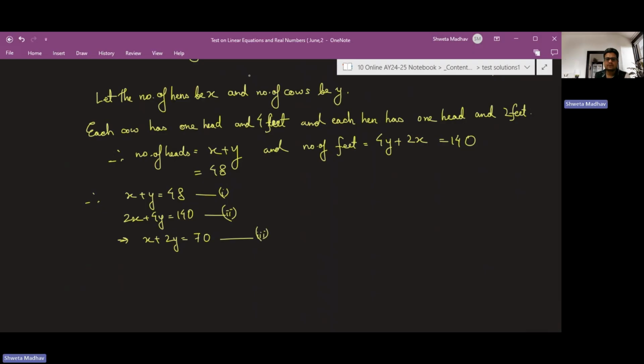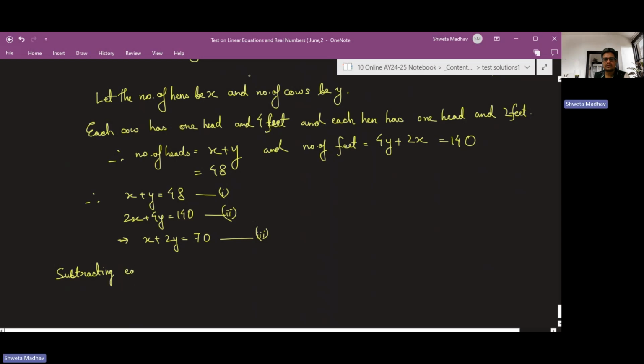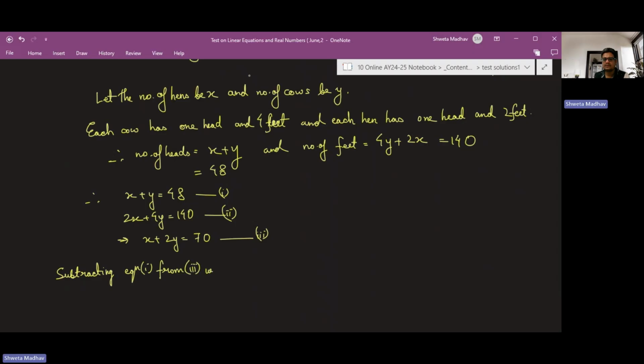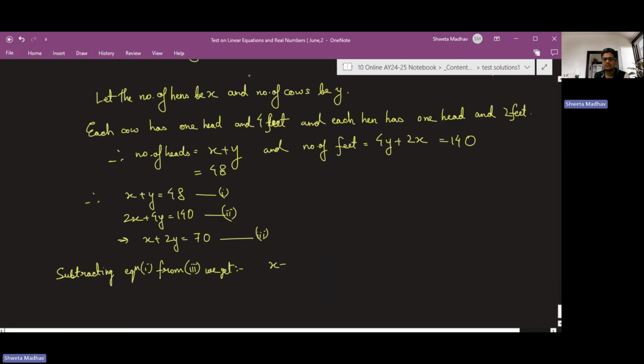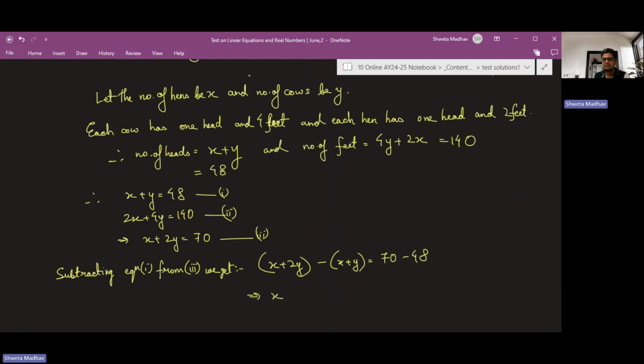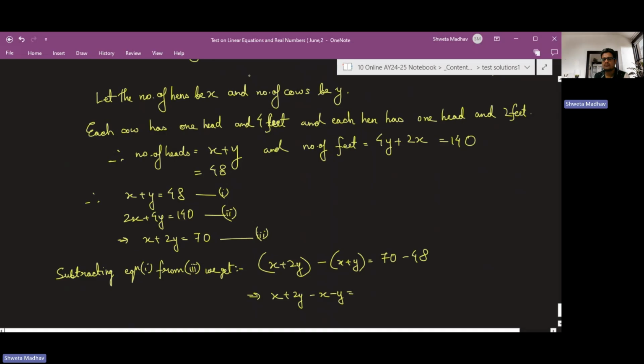Now subtracting equation 1 from equation 3, we get x plus 2y minus x plus y equal to 70 minus 48, which is 22.